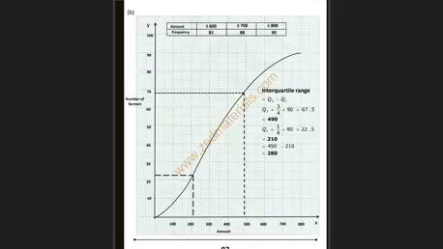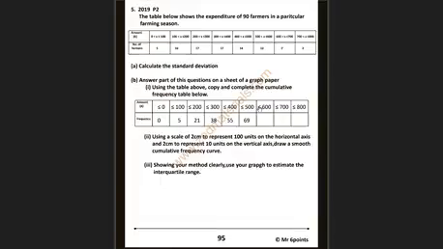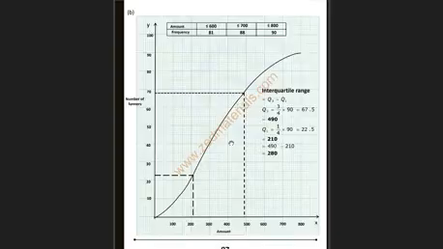Next thing is plotting the graph. First thing is using the scale. So if we go back here, we're told 2 centimeter box represents 100 units on the horizontal axis. That means that for every 2 centimeter box we are moving 100. But remember, at every starting point, it always has to be a 0.